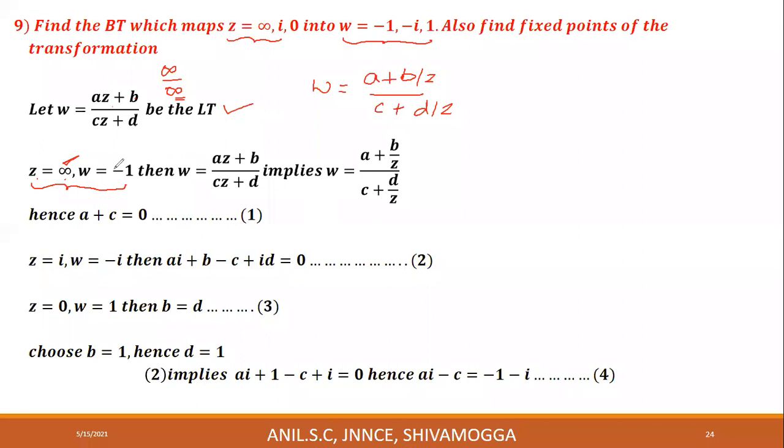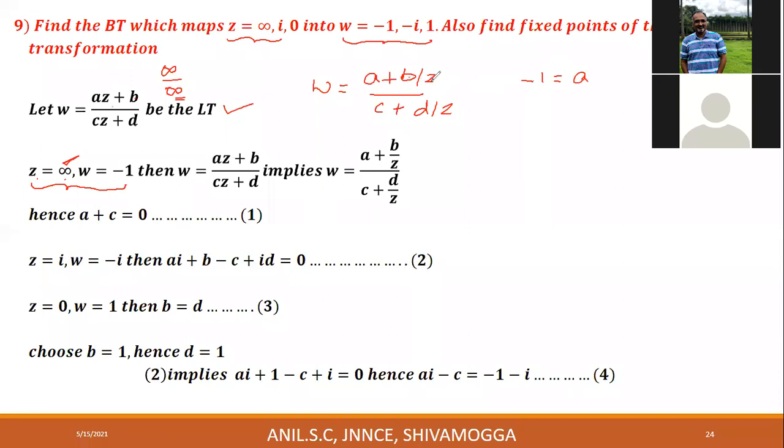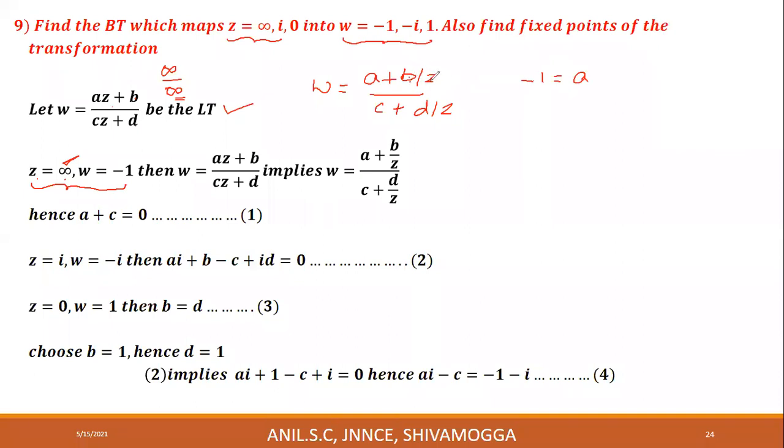Now substitute w equal to -1. This is equal to a plus b by z, z is infinity. Any finite quantity divided by infinity is 0. For the same reason, this is also 0. Therefore, we get a equal to -c, or you can write it as a plus c equal to 0. Let this be equation number 1.